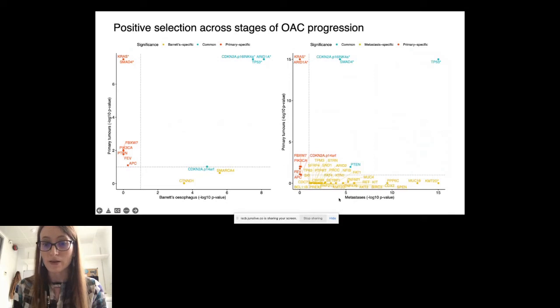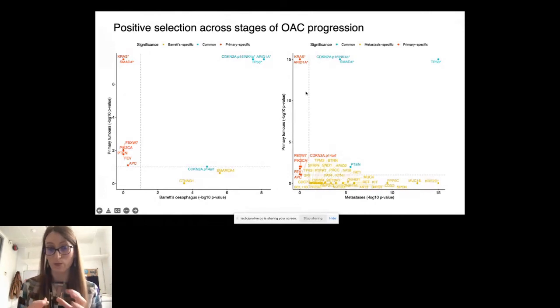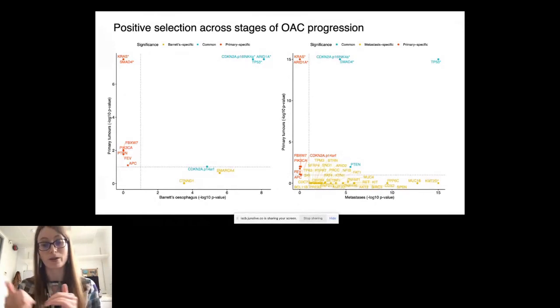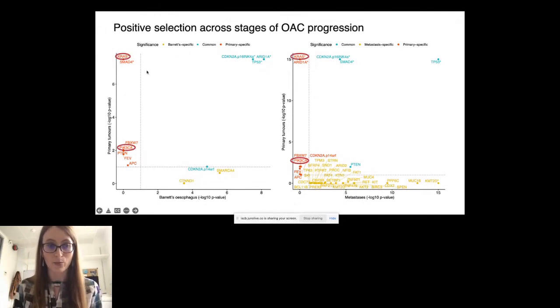And here's when we compare metastasis to primary tumors. Again, the red genes are the ones that are specifically positively selected in primary tumors, but not metastasis. And what we see here is that in primary tumors, we have KRAS and PIK3CA specifically selected in that cancer stage, and not in Barrett's or in metastasis.